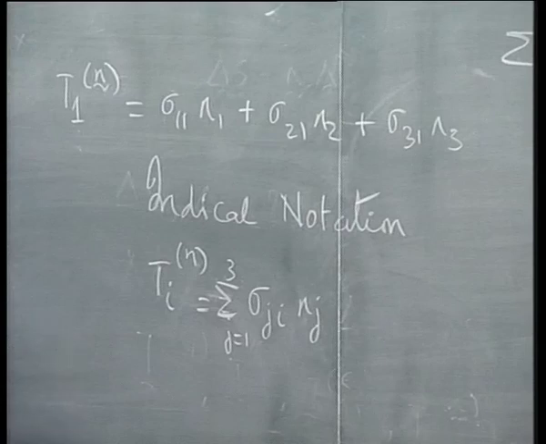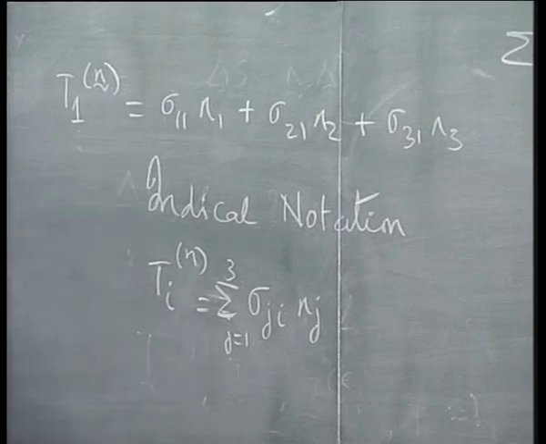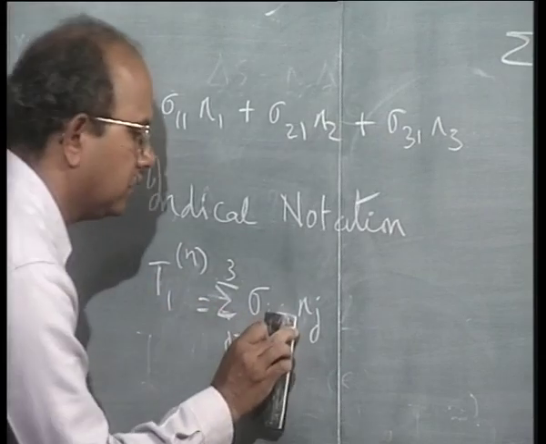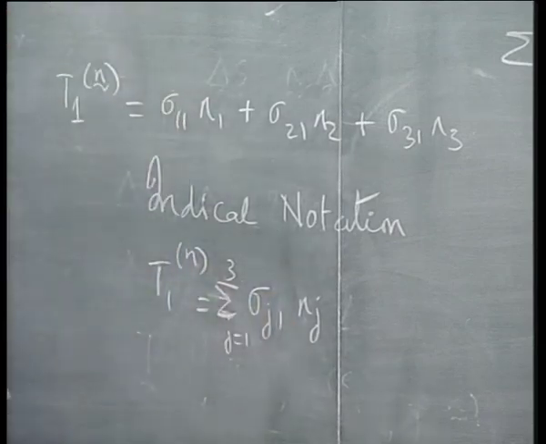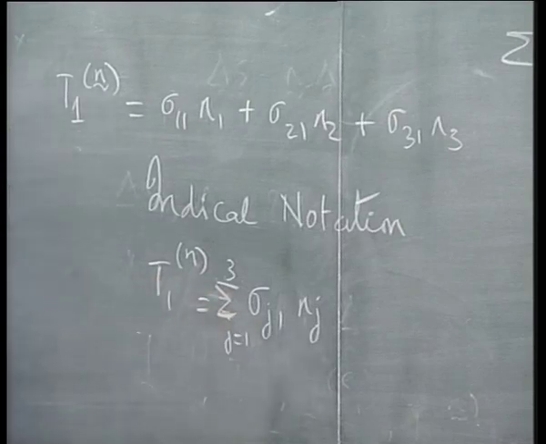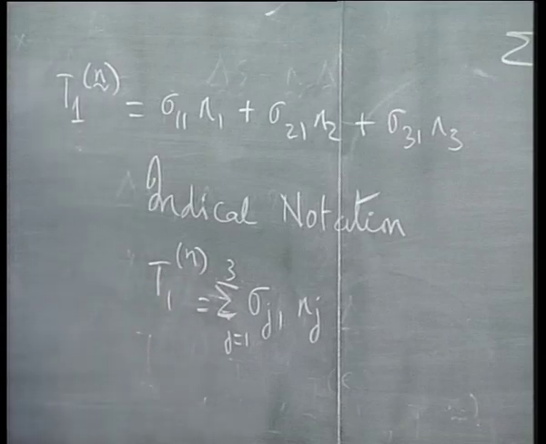The next equation, you would just replace this 1 by 2 and so on. In other words, by your summation convention, you would have written 3 equations.